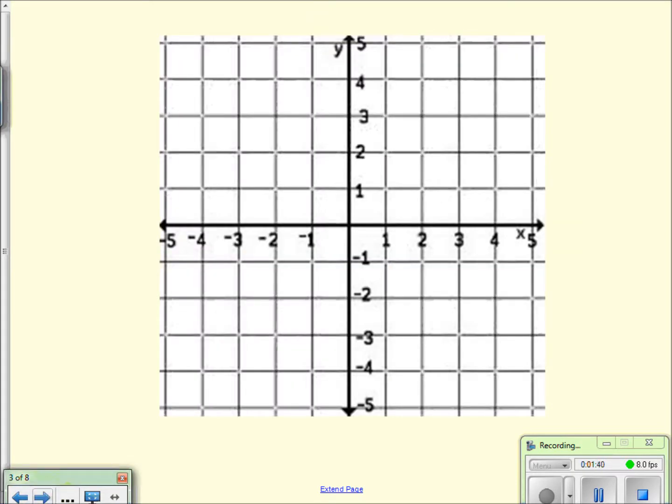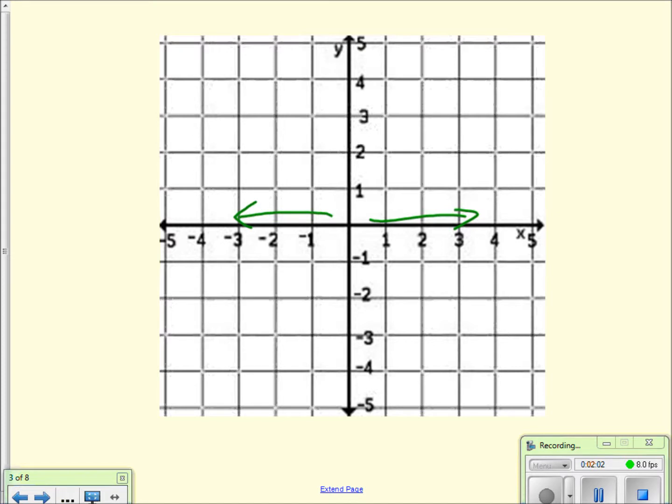Most of the time when you look at coordinate planes, we do have the grids drawn out for us, so it makes it a little bit easier to count where the numbers are. Here you can see that we're counting up by ones. Just like a number line, the positive x numbers go to the right of the origin.